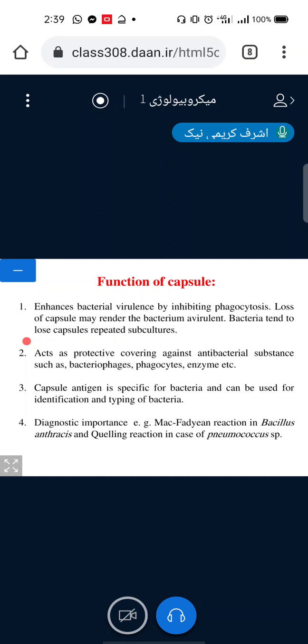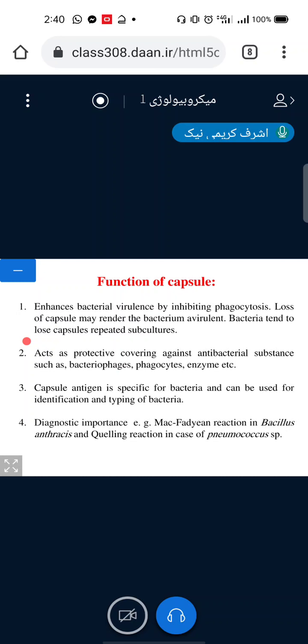Number two: it acts as a protective covering against antibacterial substances such as bacteriophages, phagocytes, enzymes, etc. Yes, the capsule is a protective item for bacteria.